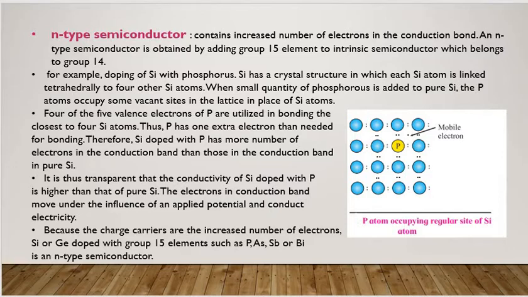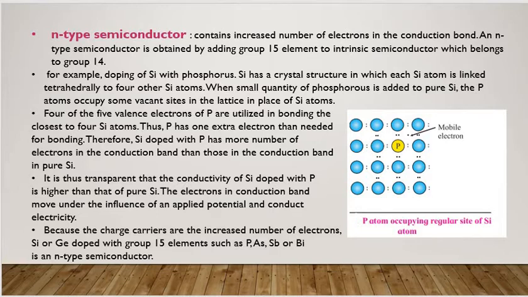An N-type semiconductor is obtained by adding a group 15 element to an intrinsic semiconductor which belongs to group 14. For example, doping of silicon with phosphorus. Silicon has a crystal structure in which silicon is linked tetrahedrally to 4 other silicon atoms.